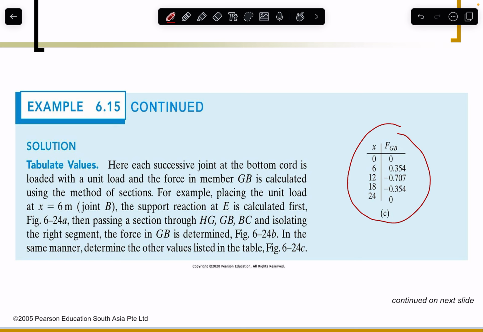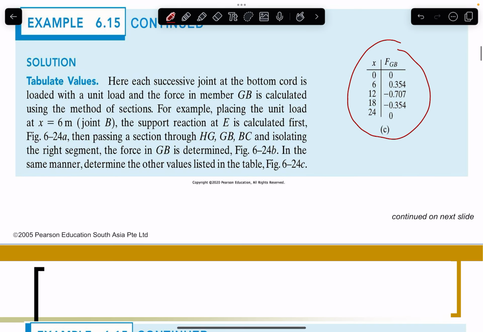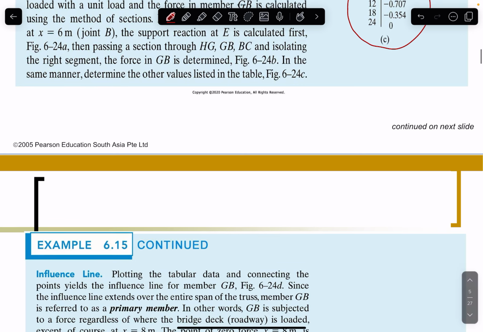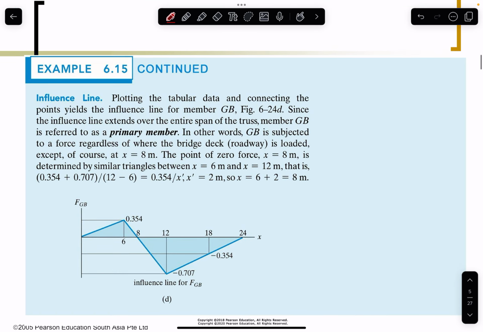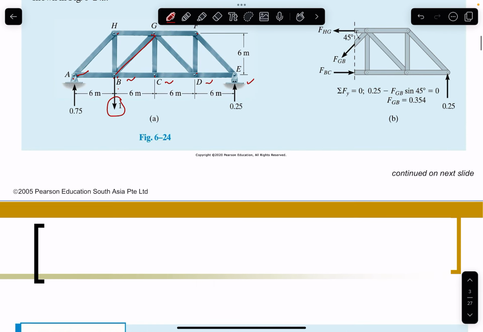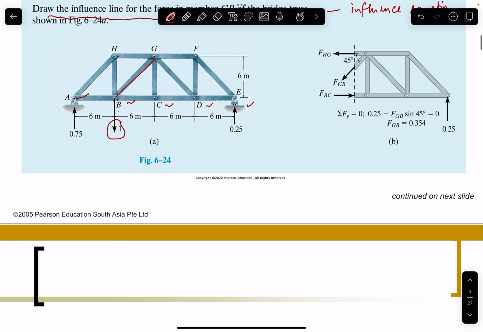Okay, so once you start giving 1 unit force at x equal to 0, then you can calculate what the support value AY is, and what EY is. First of all, you need to find AY and EY.